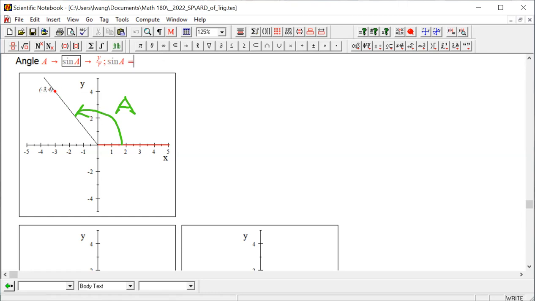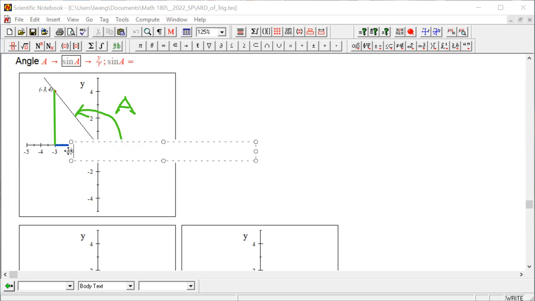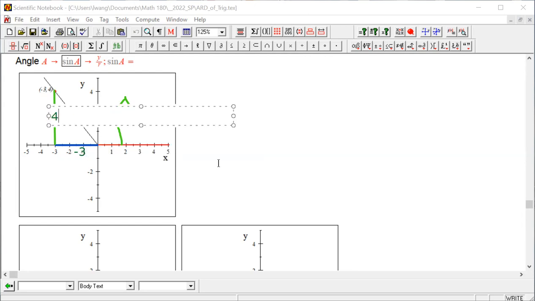What is x? Let's understand what x is. X is -3. What is y? Y is the vertical. So this piece is -3, and that piece is +4.